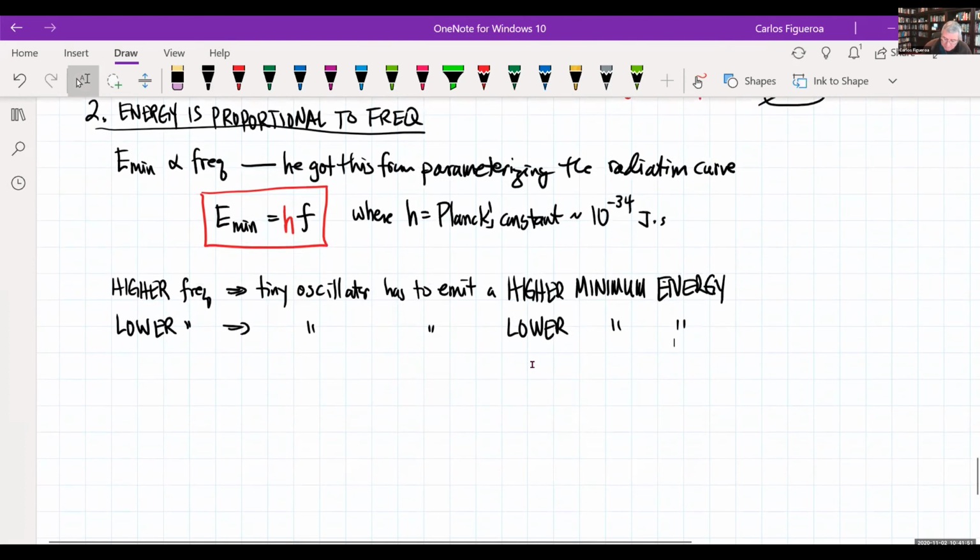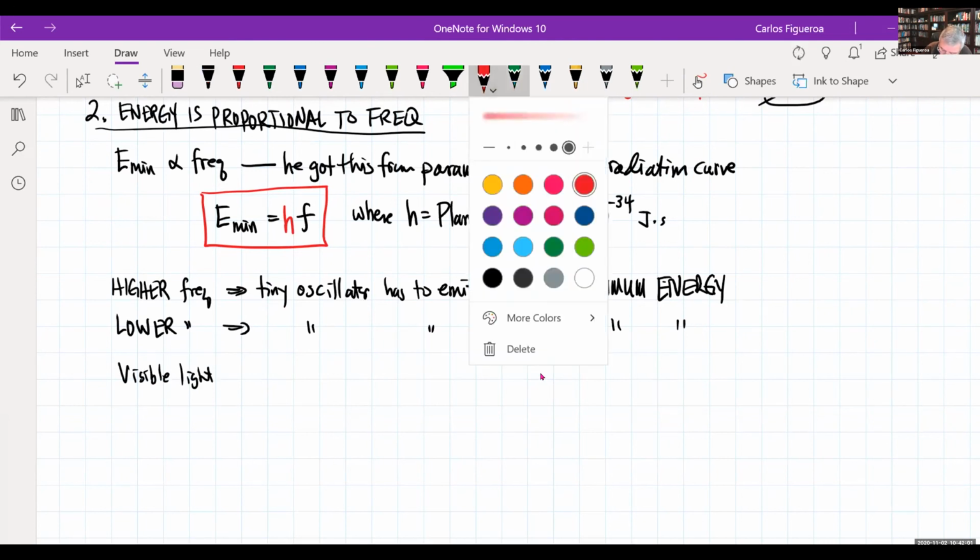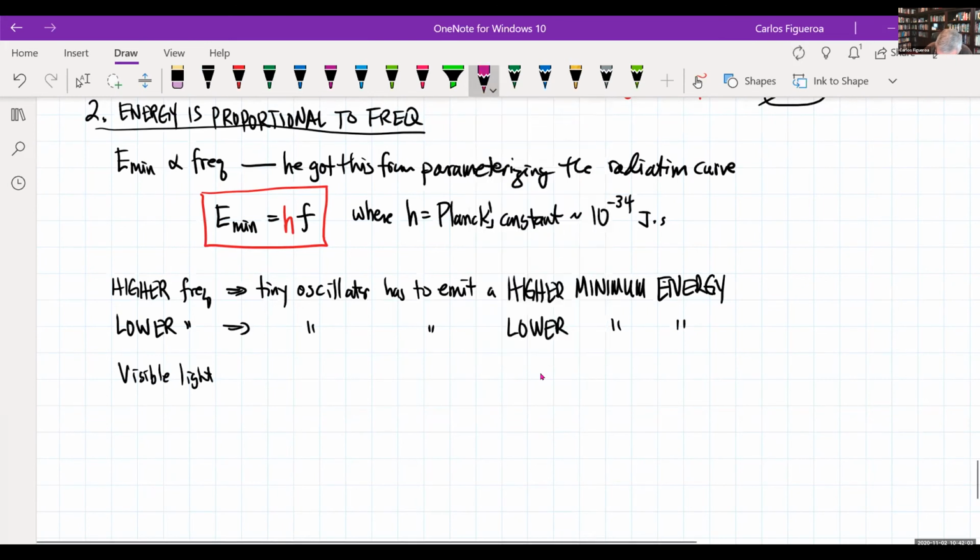So if I was to draw a picture, if we look at visible light, violet light versus red light, we know that violet light has higher frequency, and red has a lower frequency.